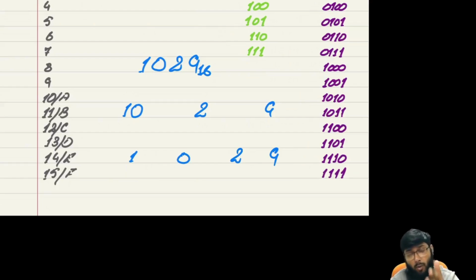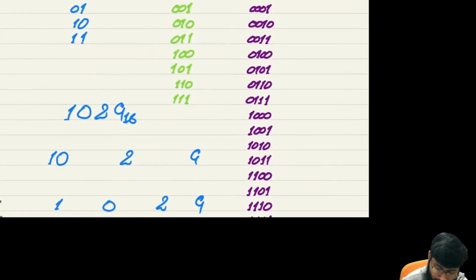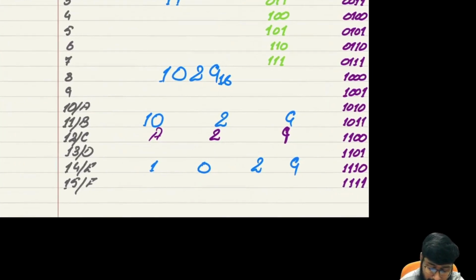So to avoid this confusion, for the hexa, after 9, if I need to write a 10, I will be utilizing A for that, so that it is easy for me to recognize that it's not 1 0, it's a 10 over here. Similarly, for 11 it will be B, for 12 it will be C, 13 D, 14 E and 15 F. So this is how we are going to understand this part.